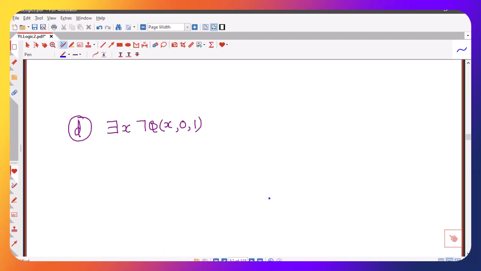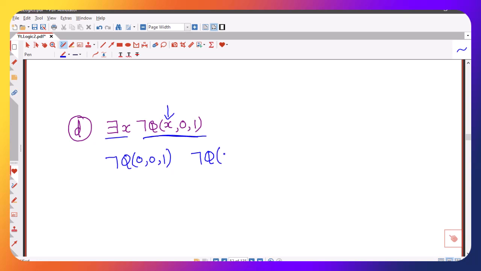And the next one is there exists x such that negation of q x, 0, 1. So this is similar to the previous one. Here this can be true for x equal to 0, 1 or 2. So we will write down the possible statements for x equal to 0, 1 and 2.